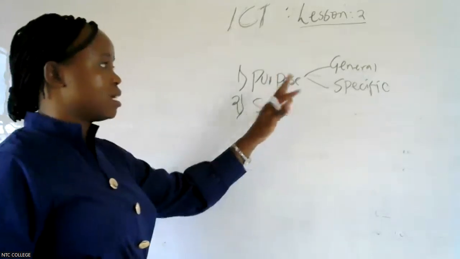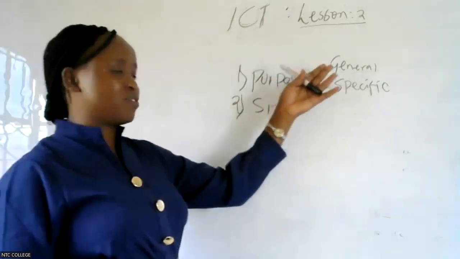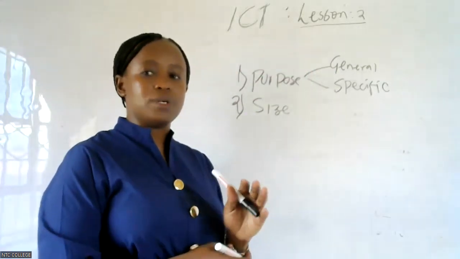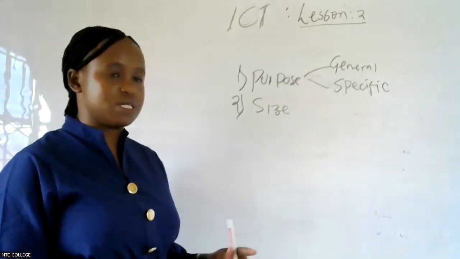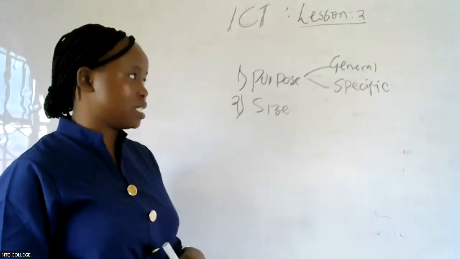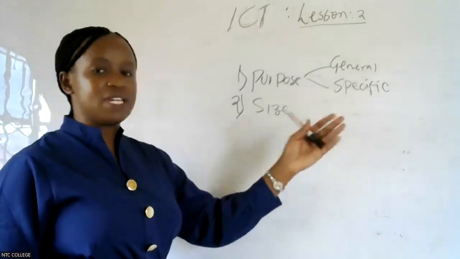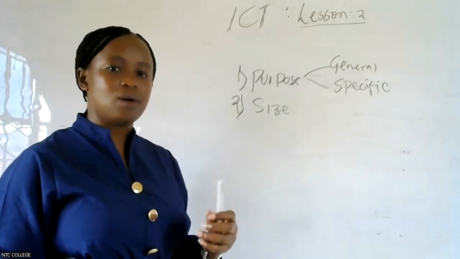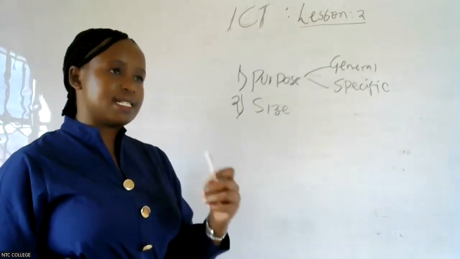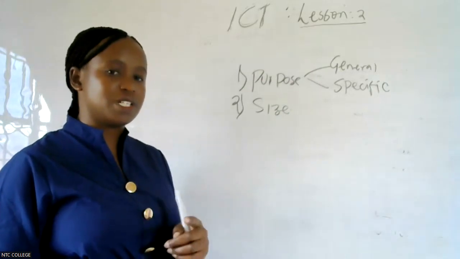For instance, your own office machine, you allow it to do several functions. That is a general type of machines. Specific means it narrows down to serve a certain or just a single function.